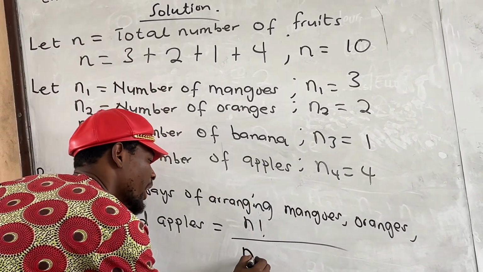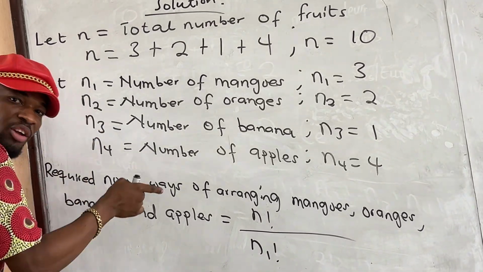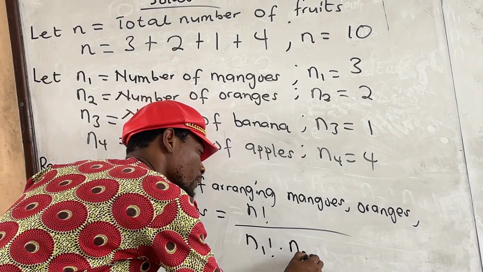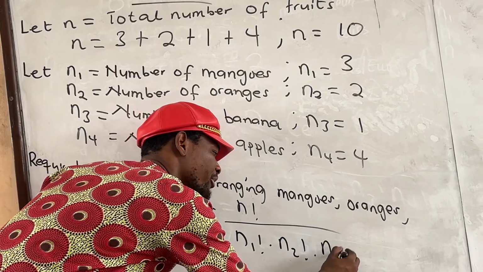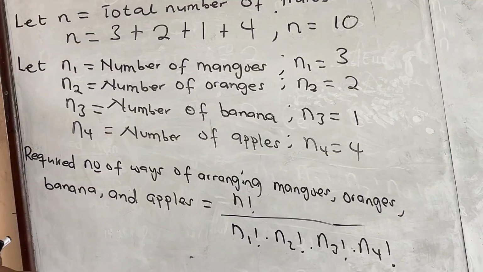So we have n1 factorial times n2 factorial times n3 factorial times n4 factorial.